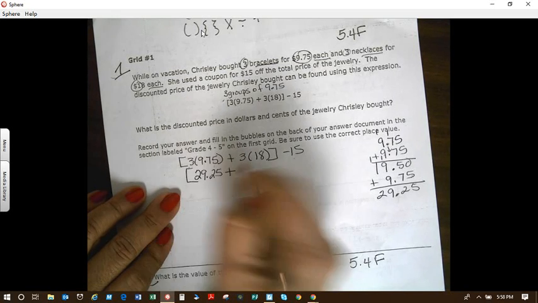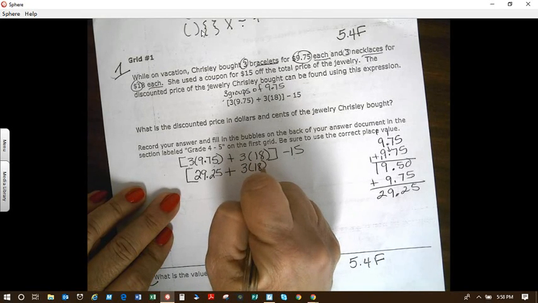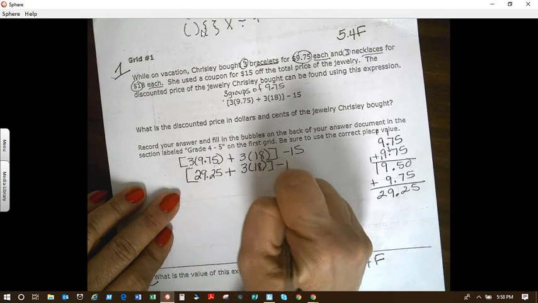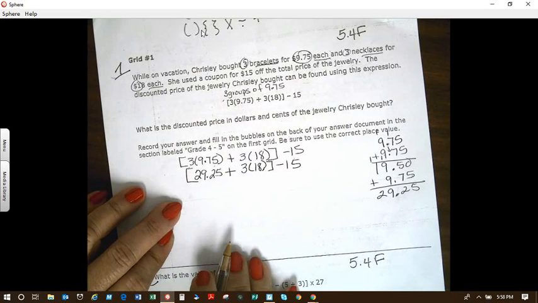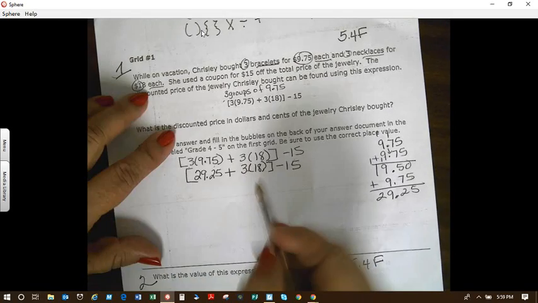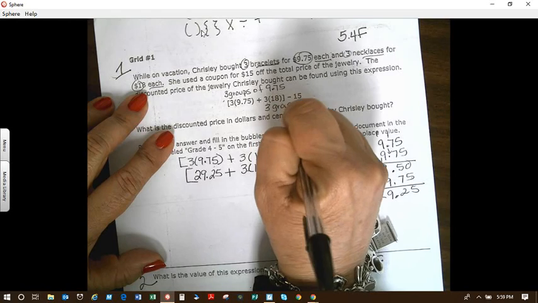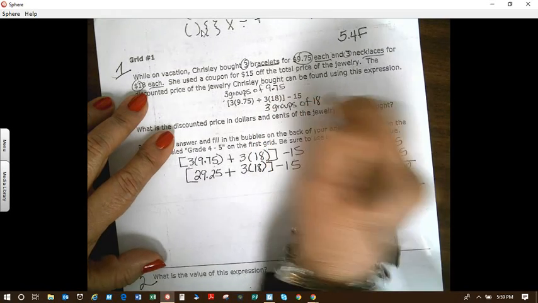I need to add, bring down my 3 times 18 and my $15. Next, I'm going to solve for 3 times 18. Again, this is 3 groups of $18.